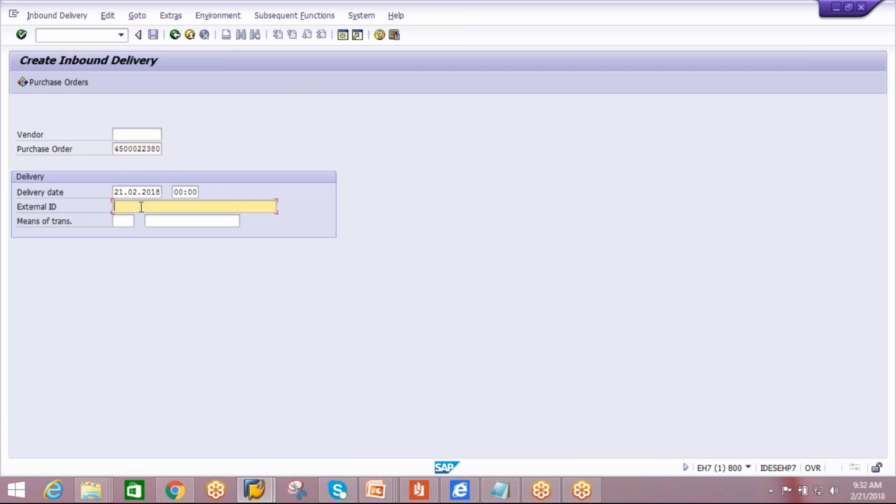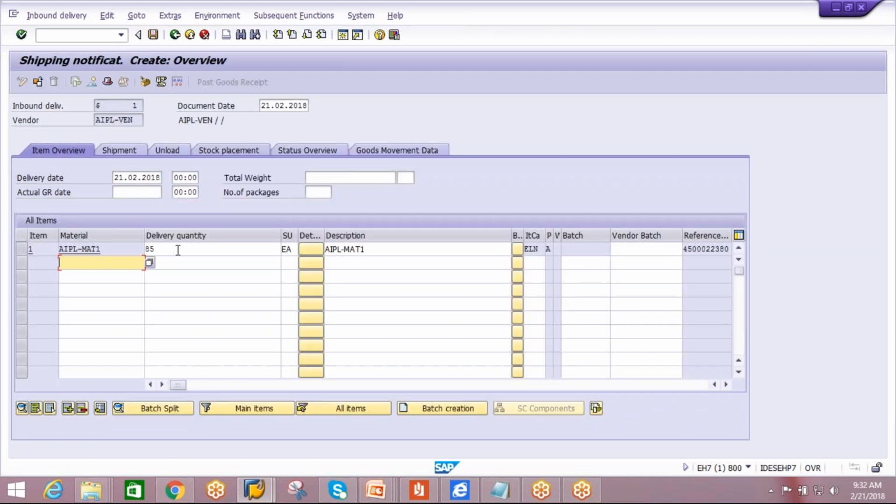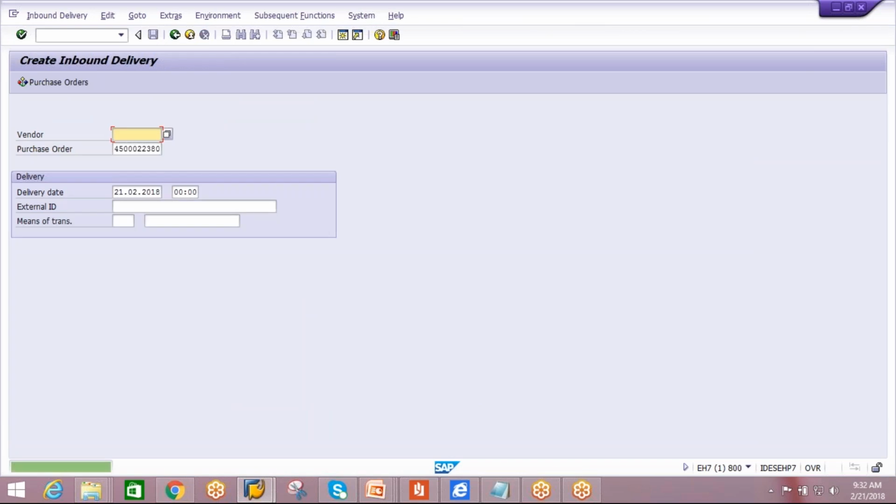22380. This is very simple, sir, but some tricky parts are also there. Stock management 01, 5 stock I am taking. Okay, storage location we need to maintain.